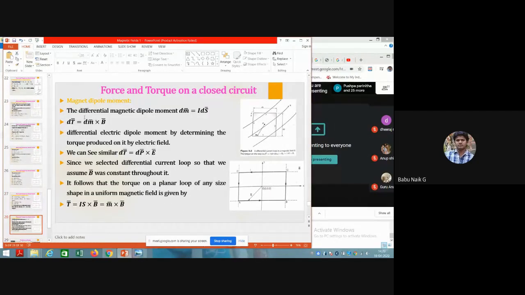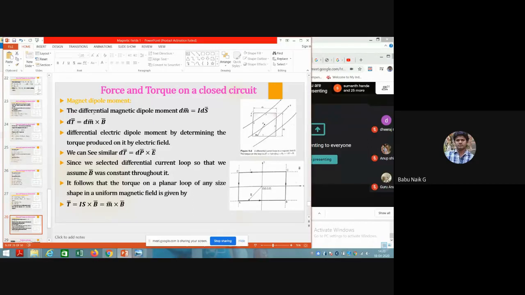If we consider the magnetic dipole moment, we have seen in the electrostatic field the dipole moment, with charges Q1 and Q2 of equal magnitude separated by a distance d. We have seen that the differential torque is equal to the dipole moment cross the electric field in the electrostatic field.